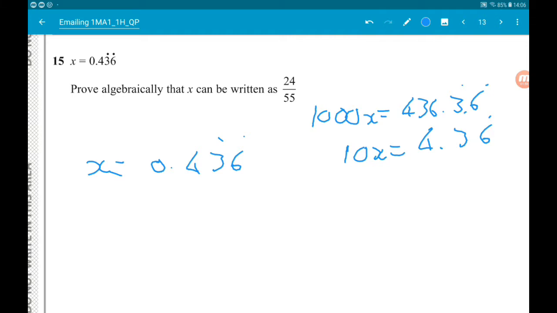Now we can lop off the recurring decimals using subtraction. So 1000x minus 10x is 990x. And on the right, 436.36 recurring minus 4.36 recurring is 432.